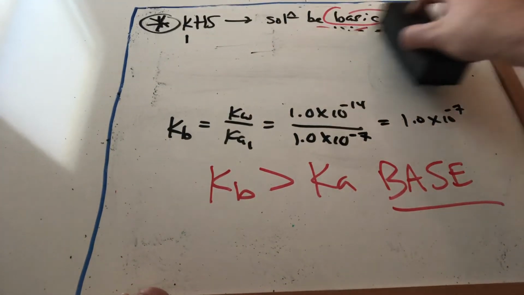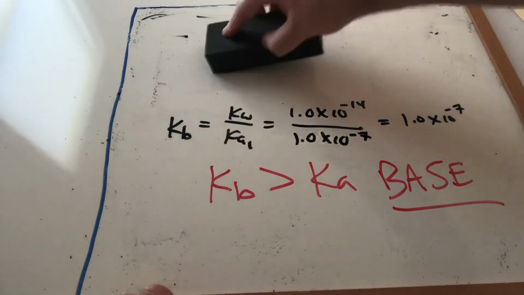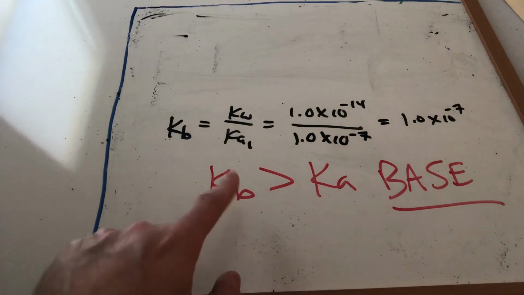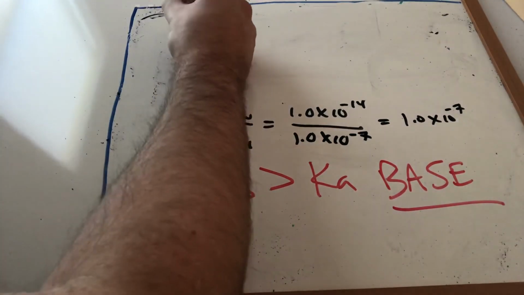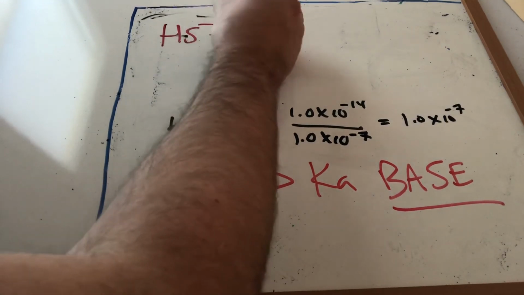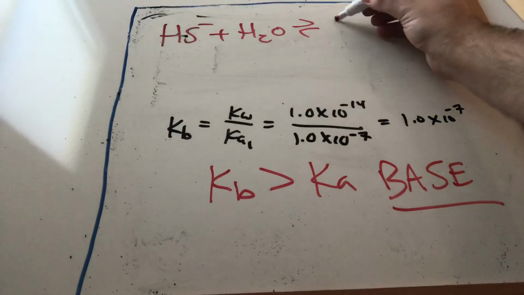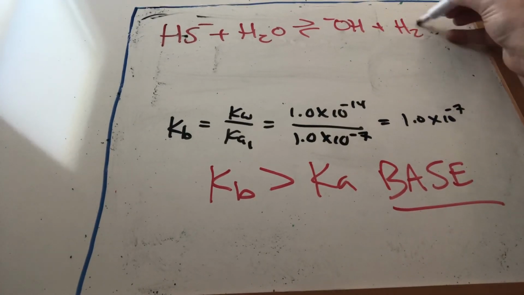If this asks you to calculate the pH, what you would do is you would say, am I going to write the acid equation? No. I decided it's going to act like a base. So that HS minus that came from our dissociation is going to react with water to make OH minus and H2S.